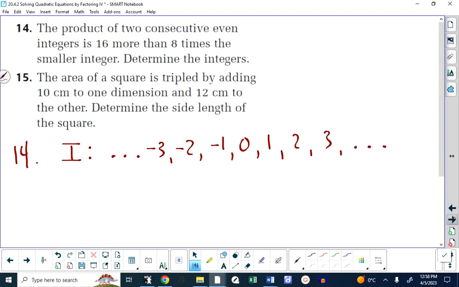They're positive or negative whole numbers, and whole numbers include 0. Even integers are these. 4 would be even, negative 4 would be even, 6 would be even, negative 6 would be even. In order to start this, you have to say to yourself that x is going to be an integer. Well, I better be more precise here. An even integer.